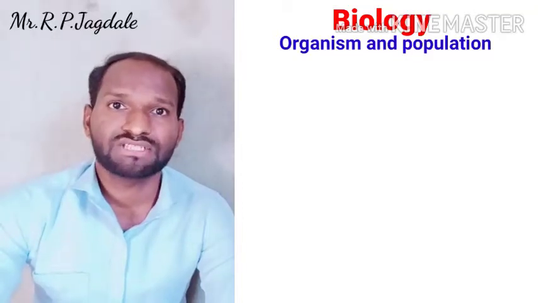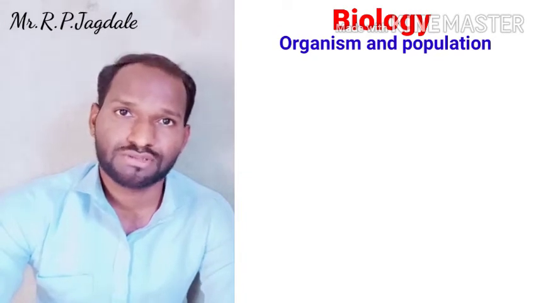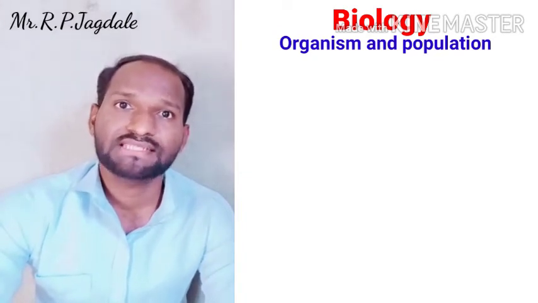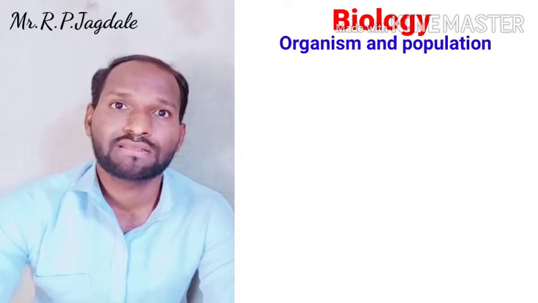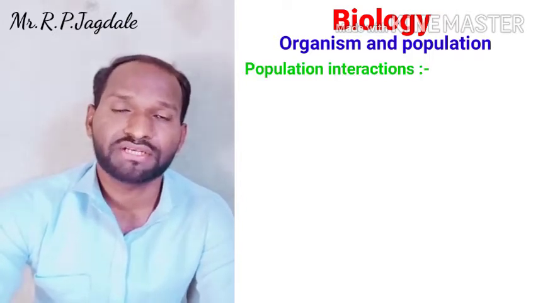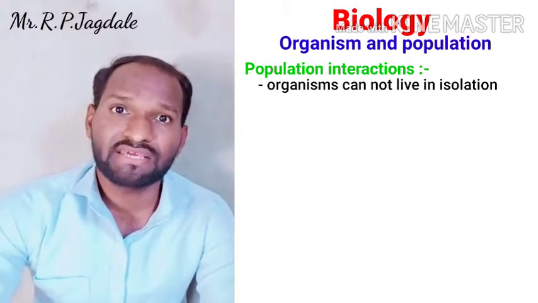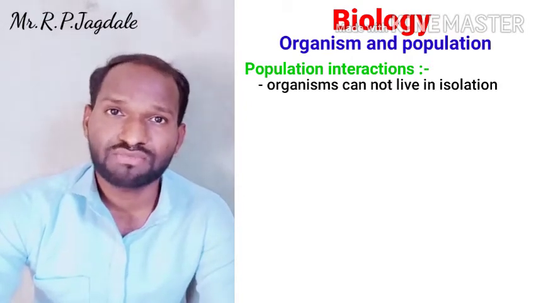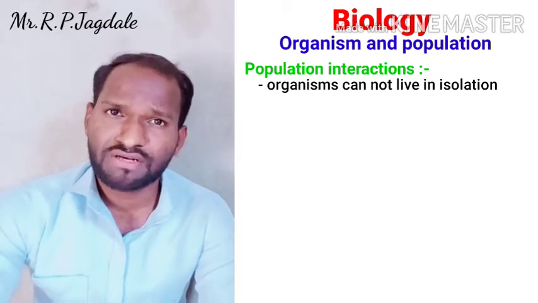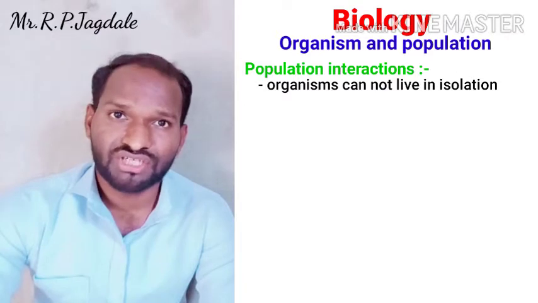In the previous lecture, we have seen different types of population attributes, and now in this lecture we are going to see the population interactions. We know that there are no species on this earth which can live in isolation. There are different species, but they are living together and communicating with each other.